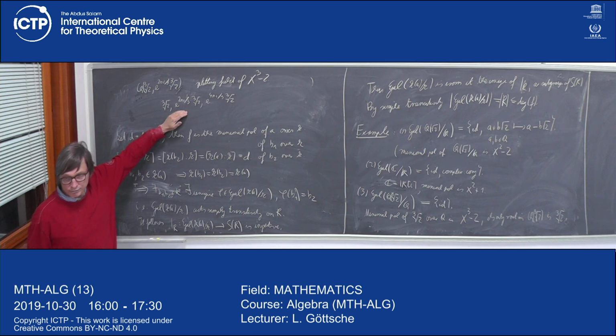So the Galois group will have 6 elements. I will explain that later, but we will see in a moment that this Galois group has to have 6 elements, not just 3.